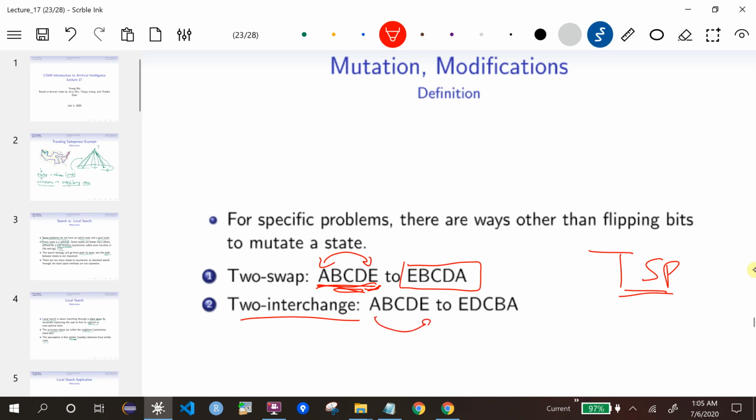When we swap A and E, we just flip the order of everything in between. So the BCD part, when we swap A and E, we flip it to D, C, and B. So the general order is the same, and we're not suddenly jumping to another state. We just reverse the whole part of the trip.